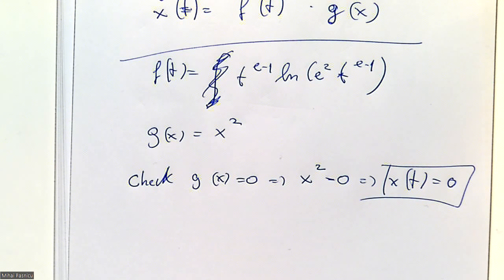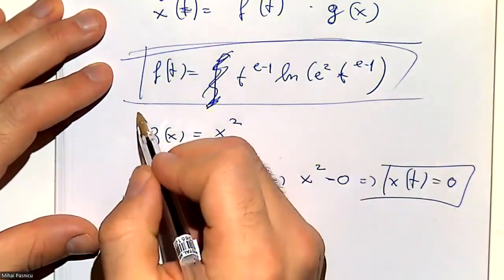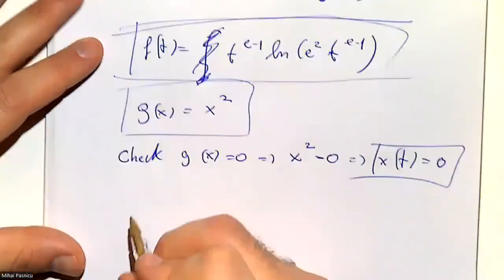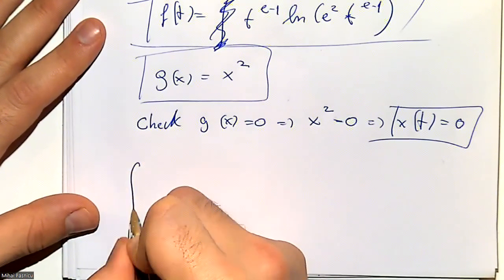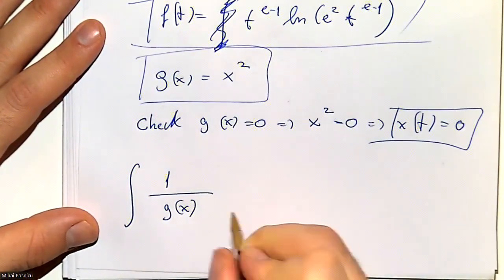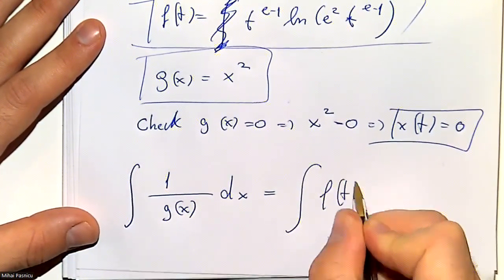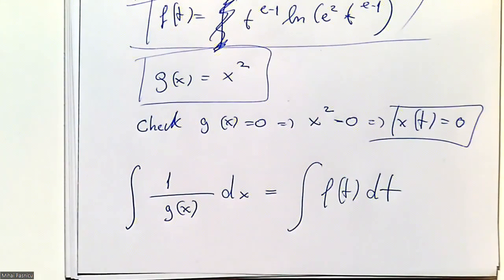Okay? Now, what's next? I have identified f of t. I have identified g of x. I can just write the integral thing: integral of 1 over g of x dx is equal to integral of f of t dt.